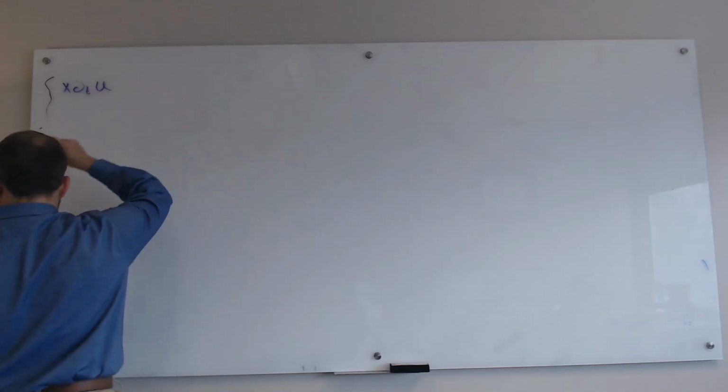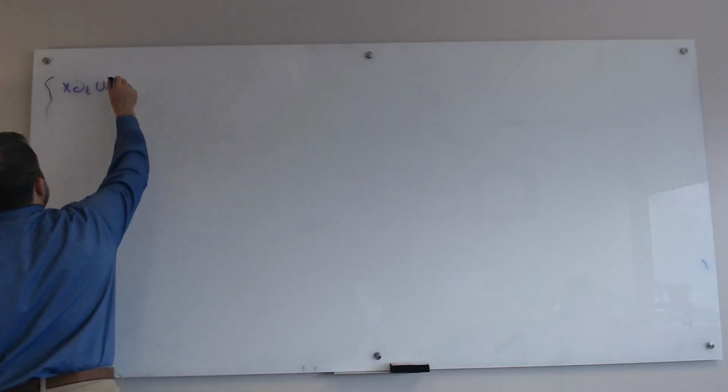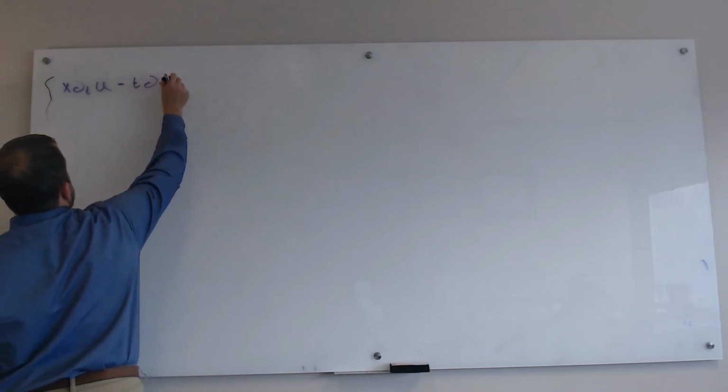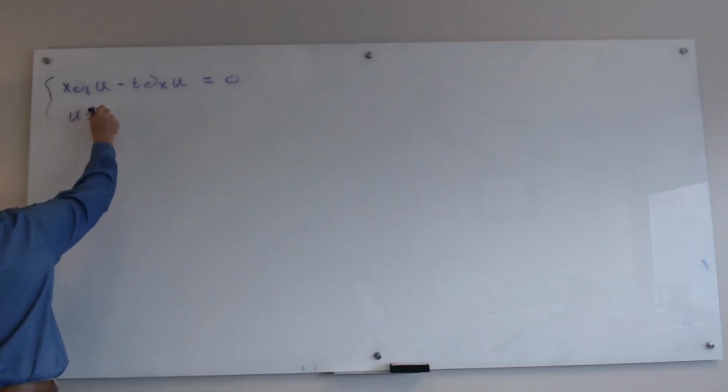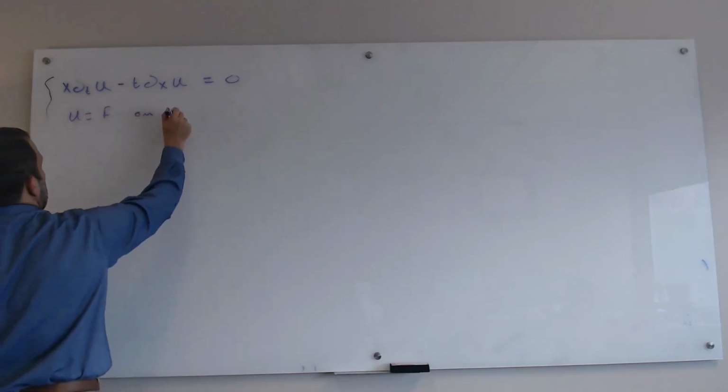So we have x times the t derivative of u minus t times the x derivative of u is equal to 0, and we have u is equal to f on the x-axis.